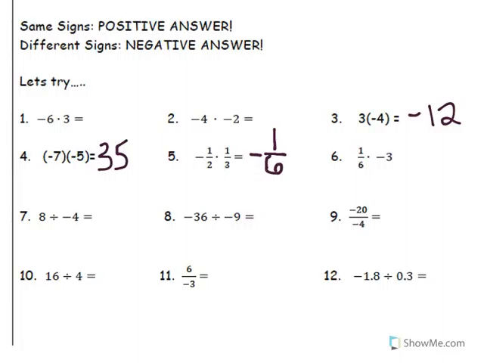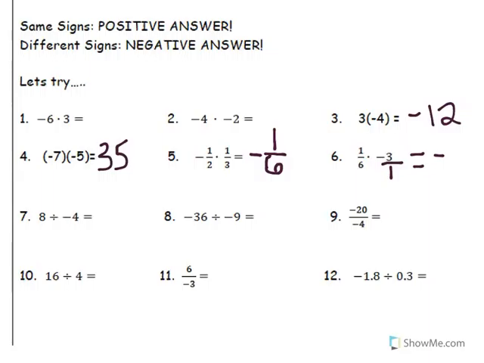Great, number 6. Okay, so what I did here is I gave you a fraction and then I gave you a whole number. I want you to make that whole number into fraction form. We put a 1 underneath any number if we want to make it into fraction form. So right now we have a positive times a negative. A positive times a negative equals a negative. And then let's multiply the numerator straight across.